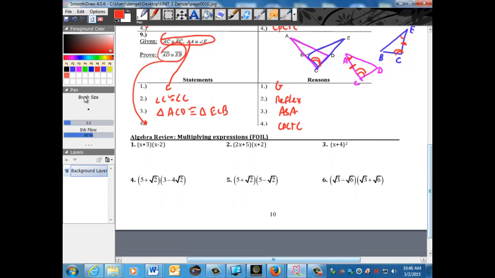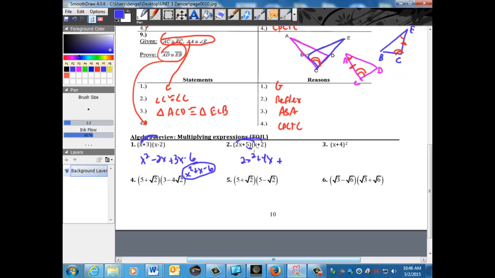Alright, the algebra review, let's definitely solve these problems. We're going to use FOIL. So we get x squared, x times x is x squared, minus 2x plus 3x minus 6. That gives us x squared plus x minus 6. Foil this one, we get 2x squared plus 4x.